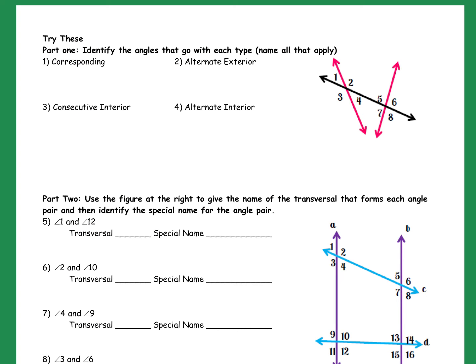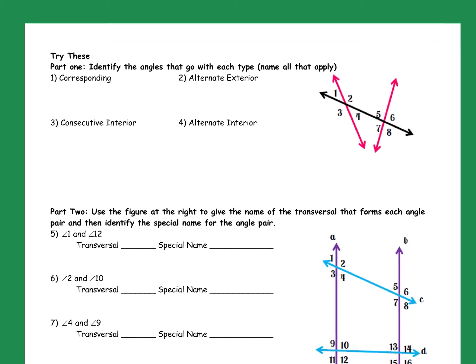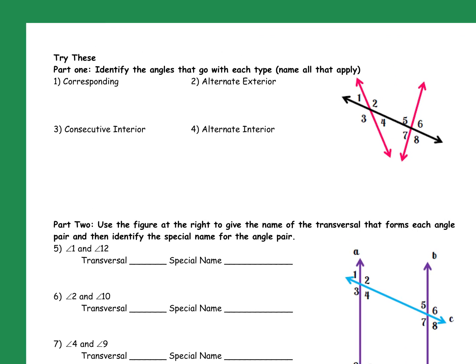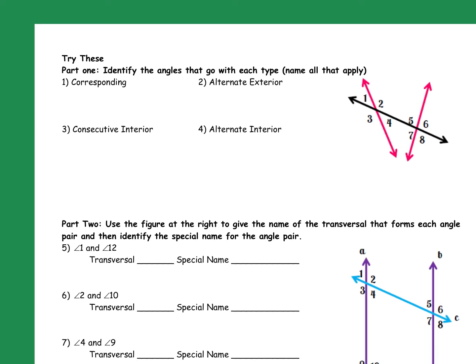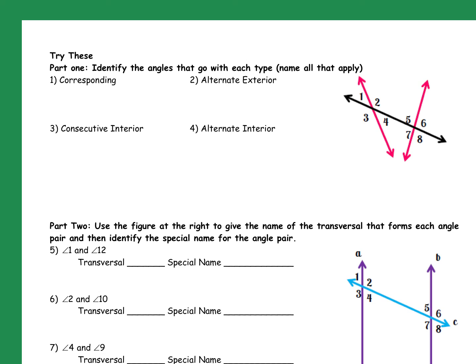So let's go here. I want you to try and identify angles that go with each type and name all that apply. So corresponding angles, remember, they're 1 interior and 1 exterior on the same side of the transversal. So tell me some corresponding angles in the picture I have now. The top one, right?